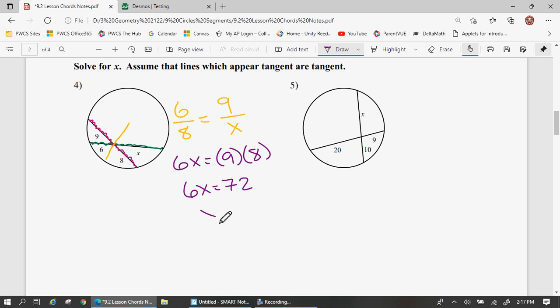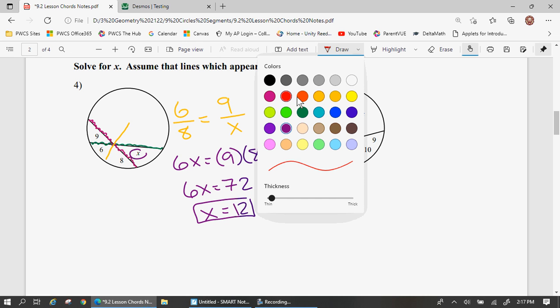I can divide both by 6 and find that this missing piece here is 12. It's not the most technical thing. I don't have a relationship really, other than we have these proportions that we can write.